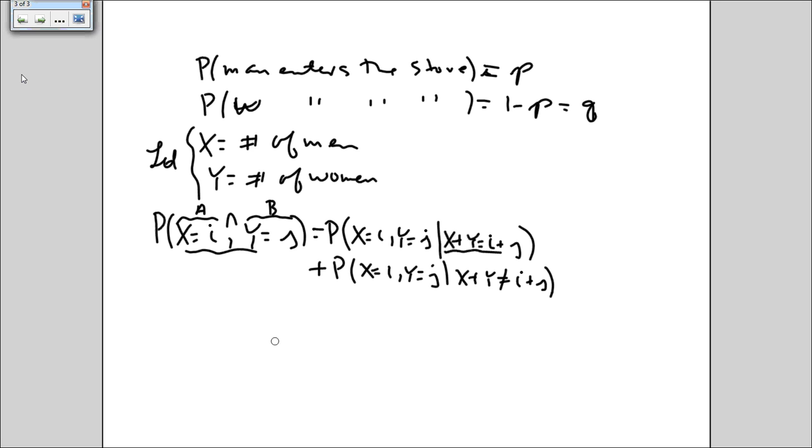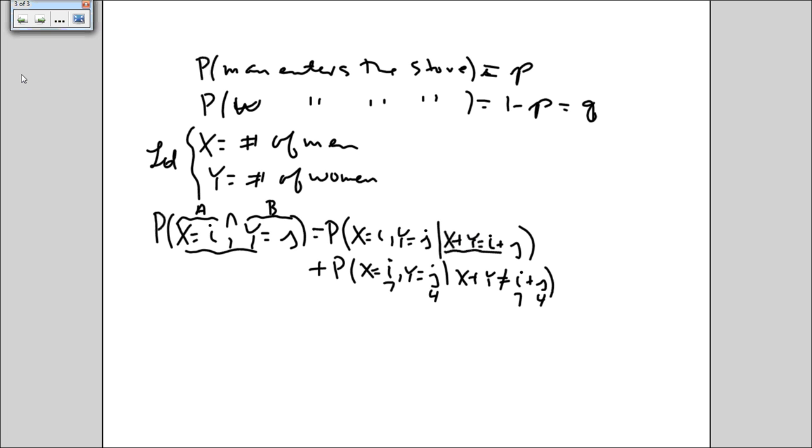Now, this probability: if I is 7 and J is 4, we are given that X plus Y is not 11. Then what are the chances that X will be 7 and Y will be 4? The answer is 0.